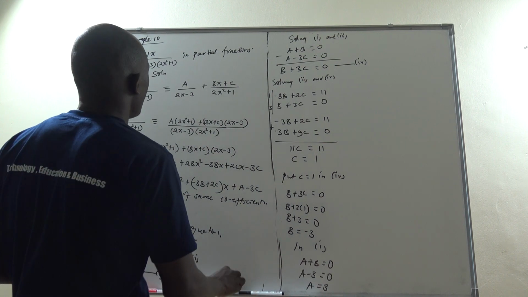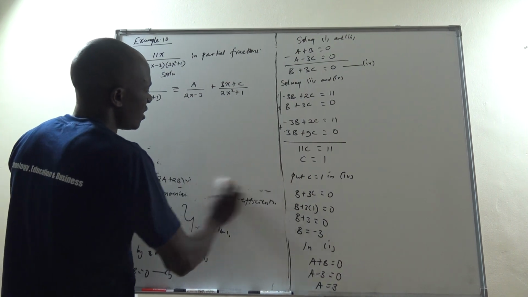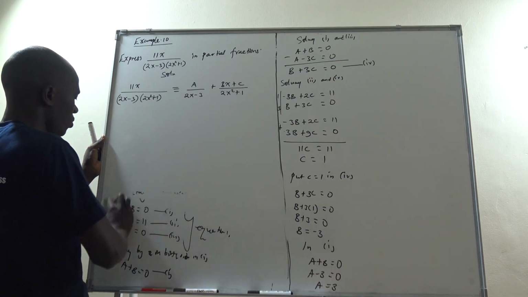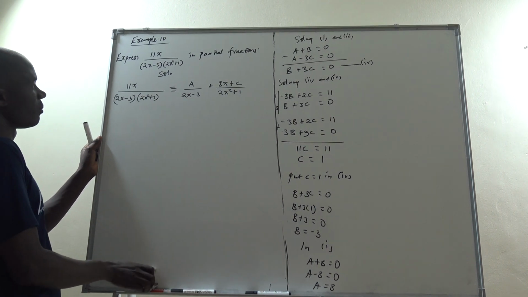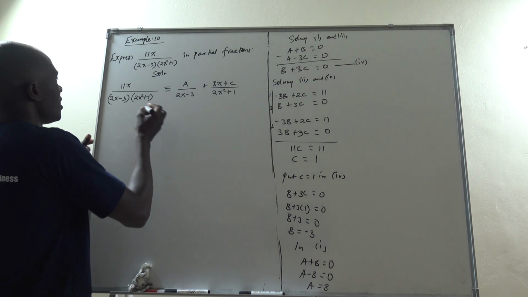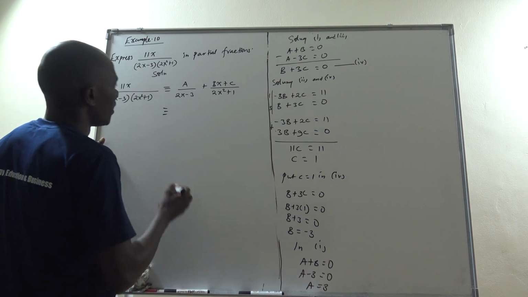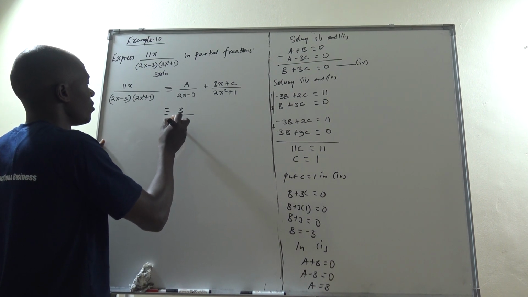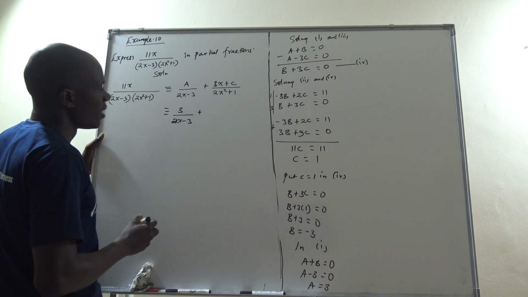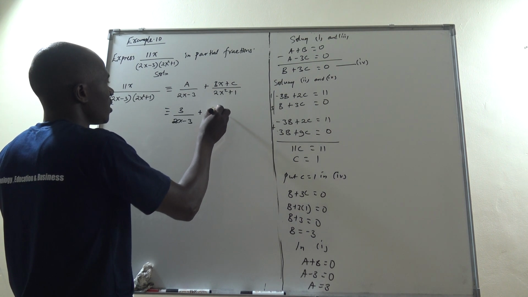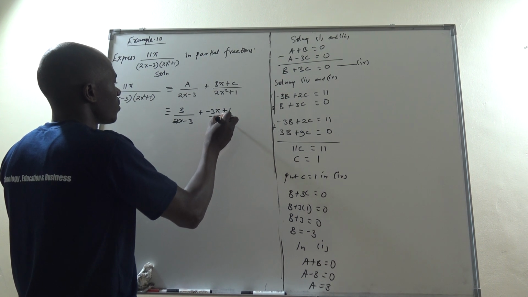So after coming out with the value of A equals 3, we are free to substitute in the required expression to come out with the exact figure which will be expressed in partial fractions. So this implies that 11x over (2x minus 3)(2x squared plus 1) equals, where there is A, 3 over (2x minus 3), plus, the value of B is negative 3x and C is already 1, all over (2x squared plus 1).